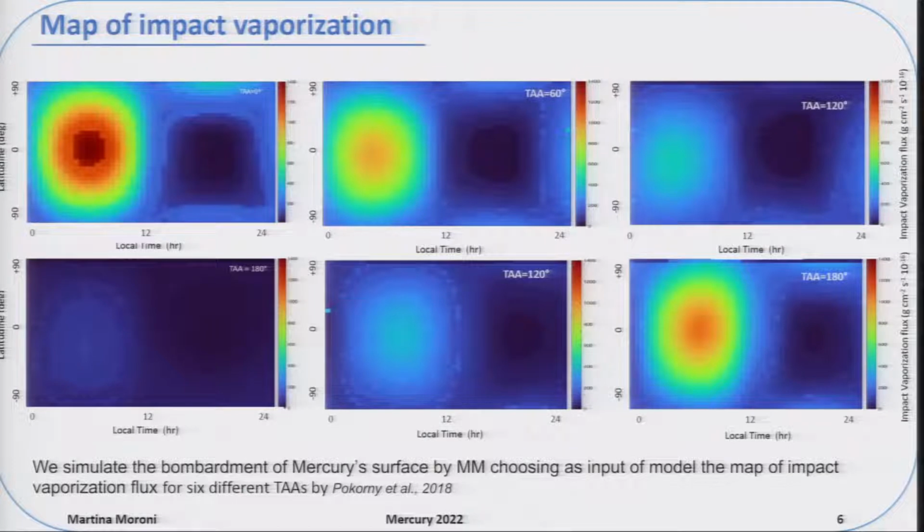This map represents six different true anomaly angles, in which the impact of the micrometeorites is concentrated on the dayside, with a maximum at perihelion and a minimum at aphelion. In Pokorny's work, they consider all the contributions of the micrometeorites that impact the surface, but in our work we consider only the part of these maps that is involved for calcium.